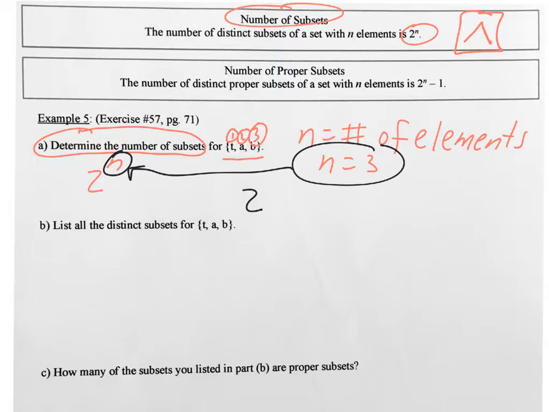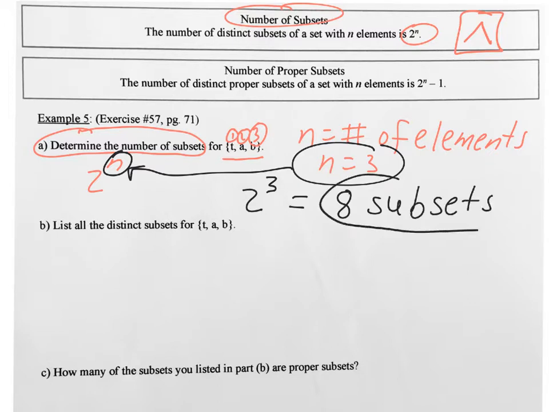So the base is always 2 in this formula, and we're plugging in 3 into the n exponent. So we're going to do 2 to the 3rd power, or 2 times itself 3 times. And you can either do it in your head or on the calculator, but you do get 8. So there are 8 total subsets we could create from the set with TAB.